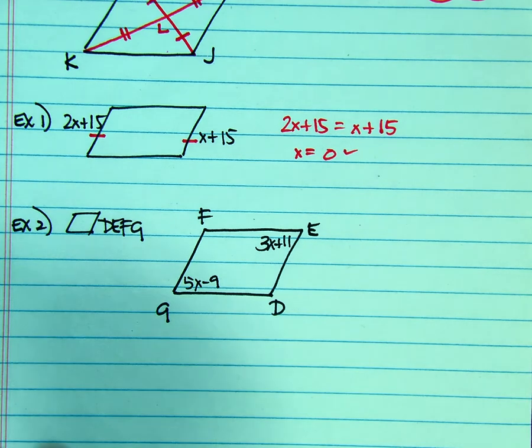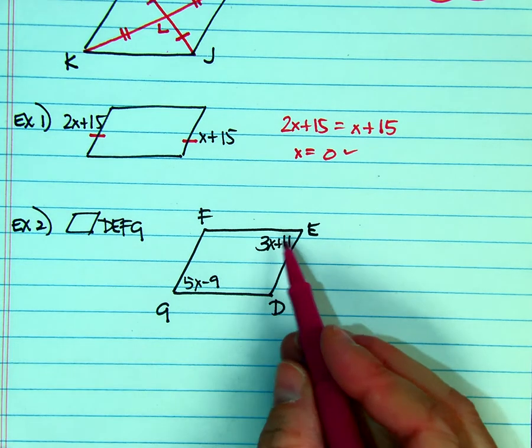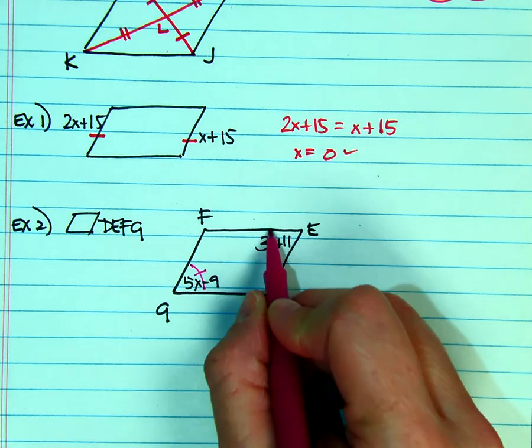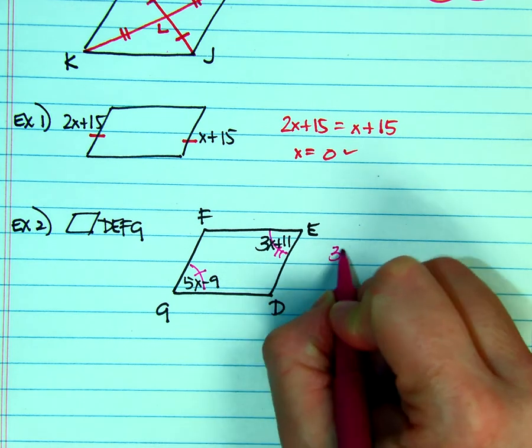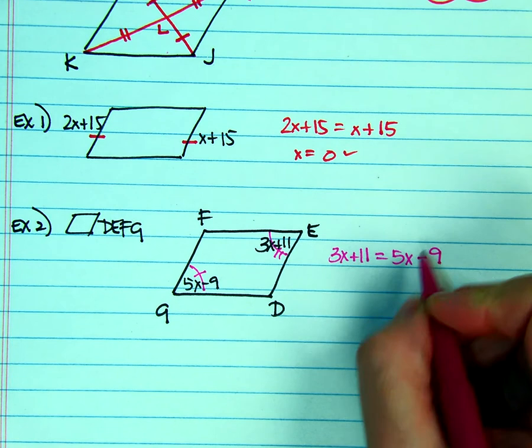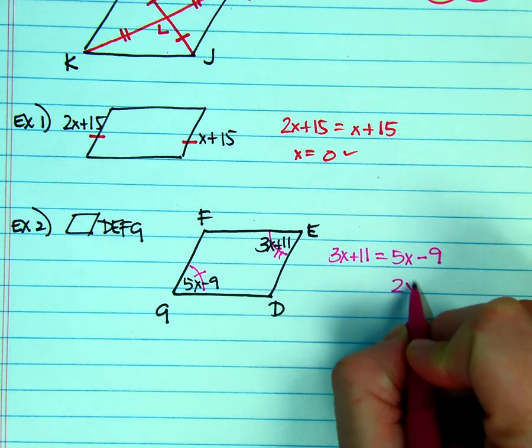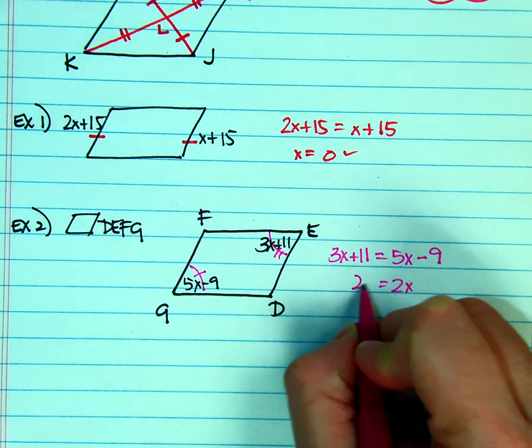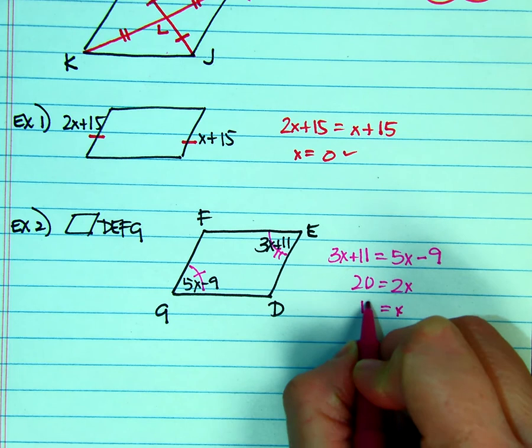I know that these are opposite angles, and in a parallelogram, opposite angles are congruent. So then I can set them equal to each other. Solving, subtracting 3x, I get 2x. Adding 9, I get 20. So then x equals 10.